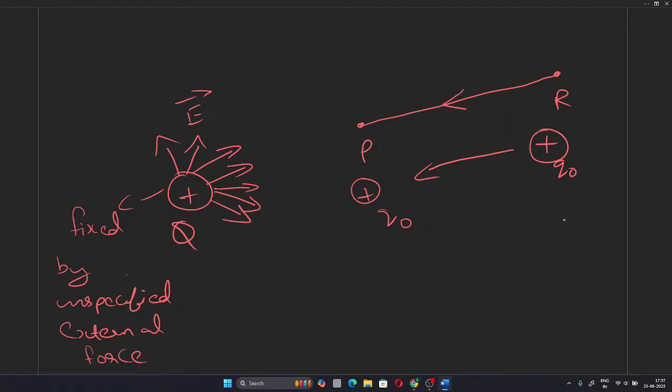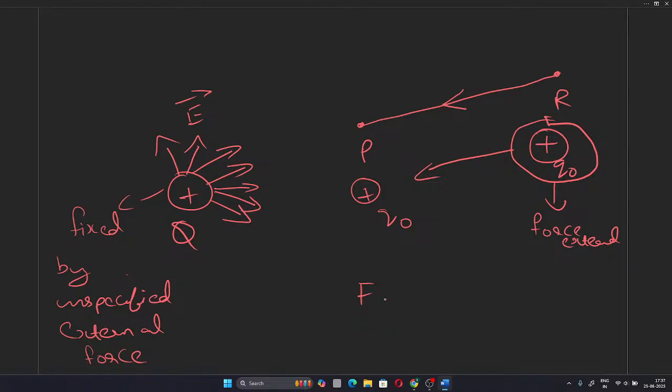So the force applied, the condition here for the force applied is that we are applying a force on this test charge, external. It might be due to any other factors, but let's just call it a force external.